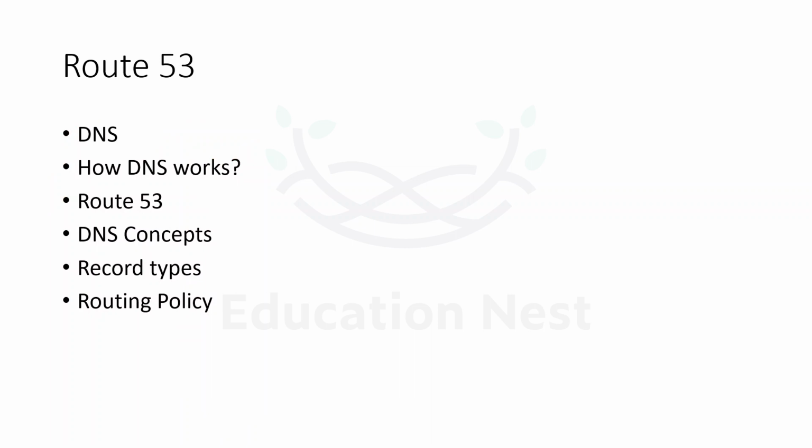So let's get started with Route 53. Route 53 is DNS, as I already told you. So what is DNS? We'll understand that first: how DNS operates, what Route 53 is, what the core concepts of DNS are, what the record types are and which different record types are supported by Route 53, and what the different routing policies are that we can use with Route 53.